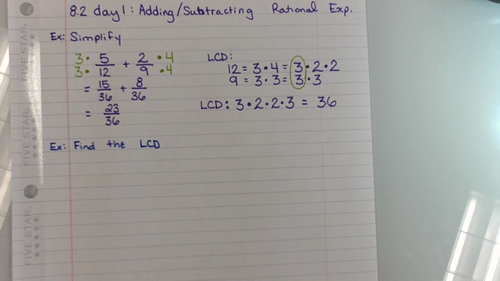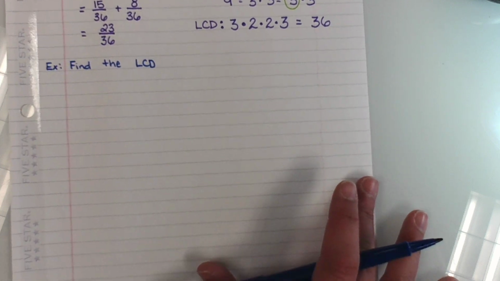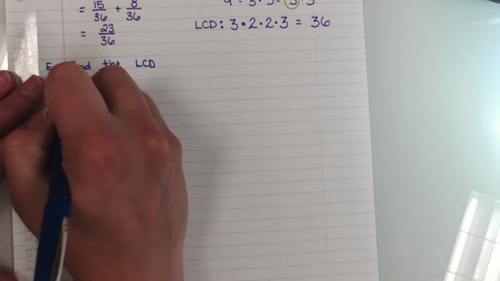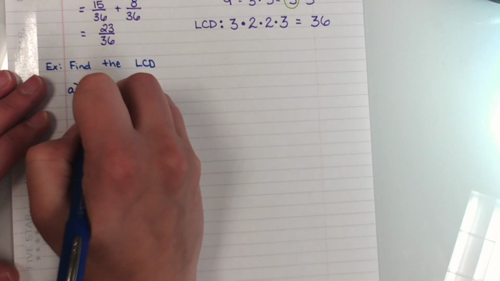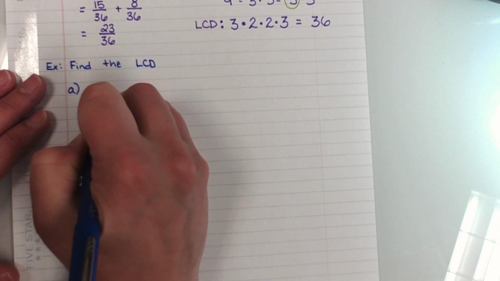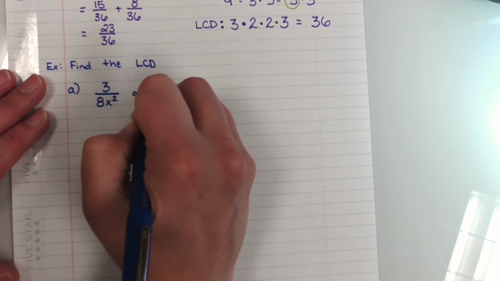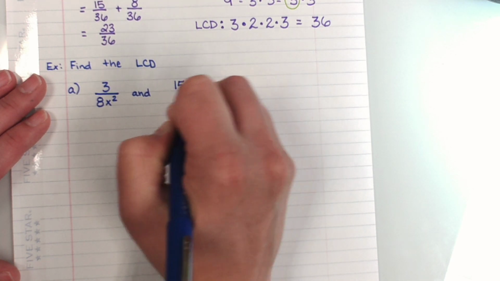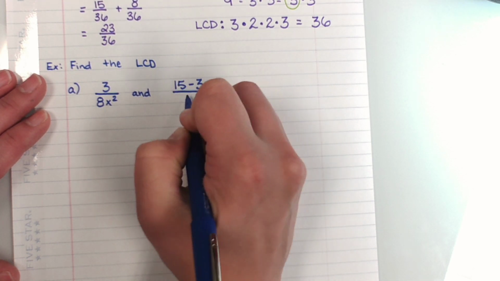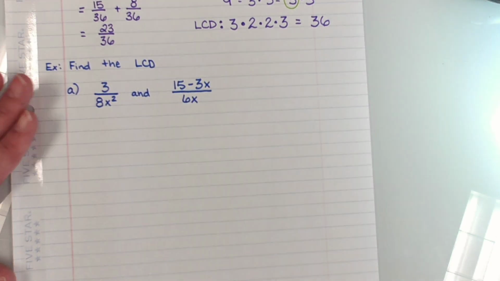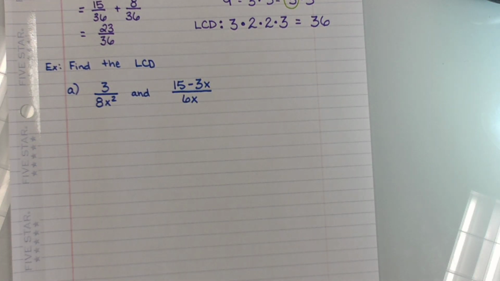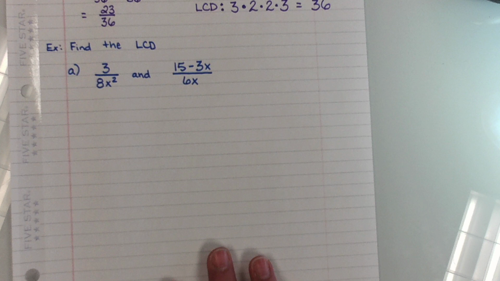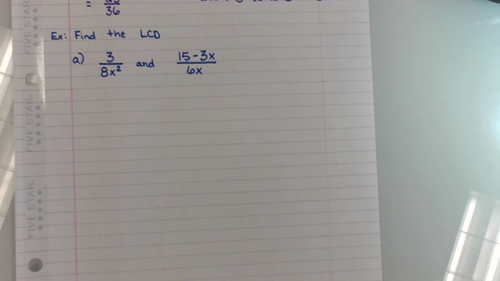Because like I said, that's the piece that messes with people the most. Three over 8x squared and 15 minus 3x over 6x.